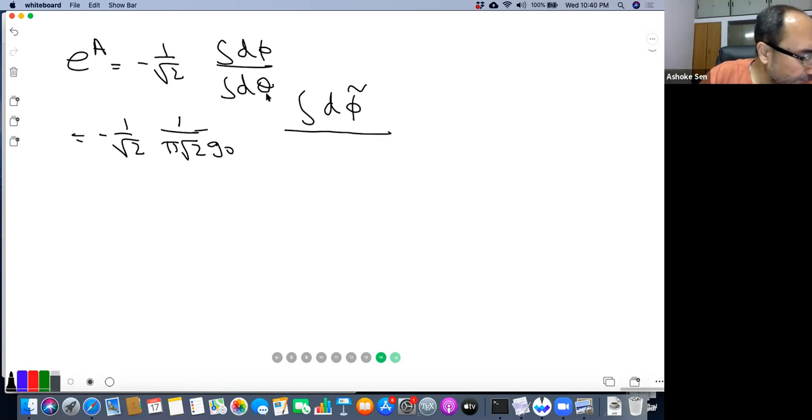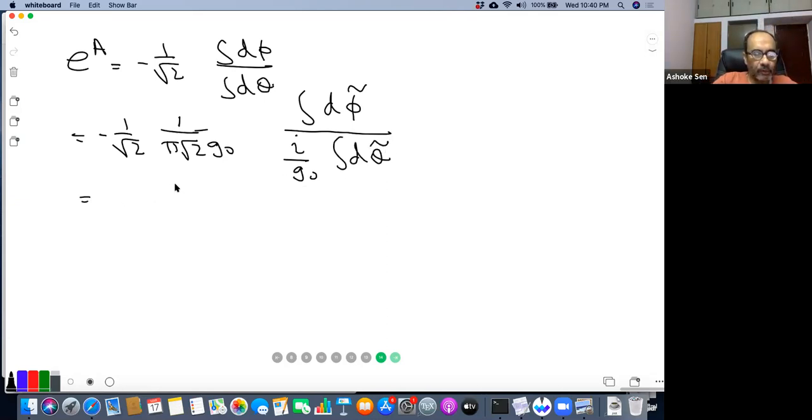And instead of integral d theta, we will write I over G open times integral d theta tilde. So this gives you this I and minus and this I over 2 pi, integral d phi tilde over d theta tilde. That's what we arrive at. This is the expression for e to the a. Now you remember that this e to the a was multiplying the other amplitudes, the product of these amplitudes and so on.